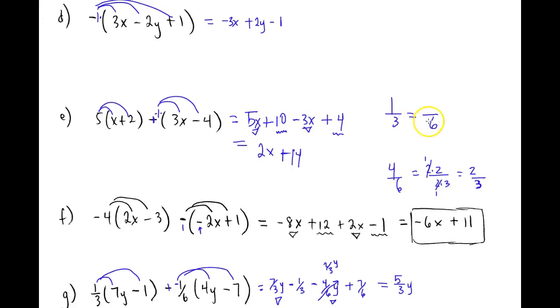So since 3 goes into 6 2 times, then we say 2 times 1 is 2. And we're doing the same thing if you were trying to do that this way. So let's say you had 1.